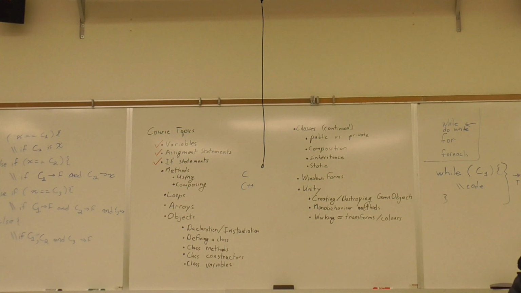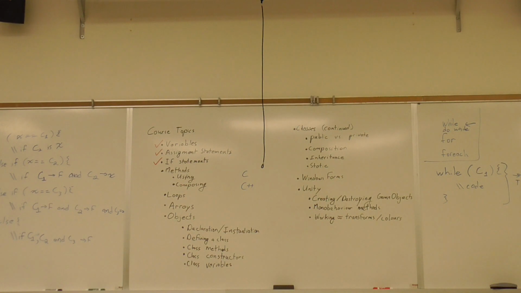So when we enter the while loop, we test the condition. If that condition is true, we execute the code inside the loop. Once we've finished executing the code inside the loop, we automatically test the condition again. And you can get stuck in there, that's where the loop is.